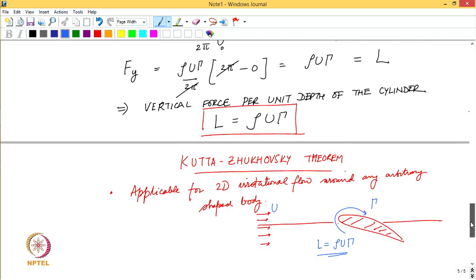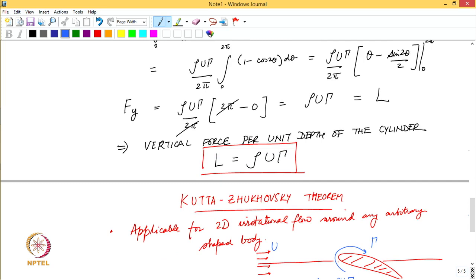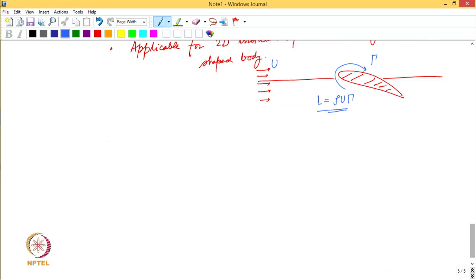So, this is what we did using the more classical approach, I would say. We derived the Kutta-Joukowsky theorem using the first principles approach by integrating the pressure distribution. We can also do this using the Blasius theorem. The same result can be derived using the Blasius theorem, and I will do it for the case of flow past a cylinder with circulation.